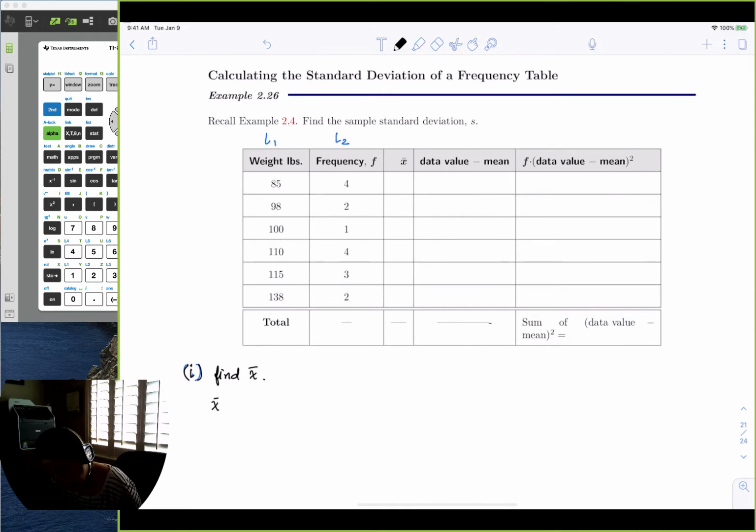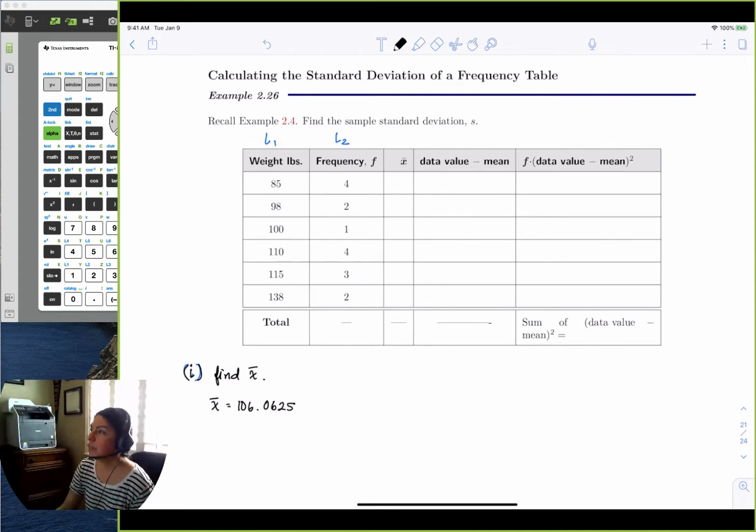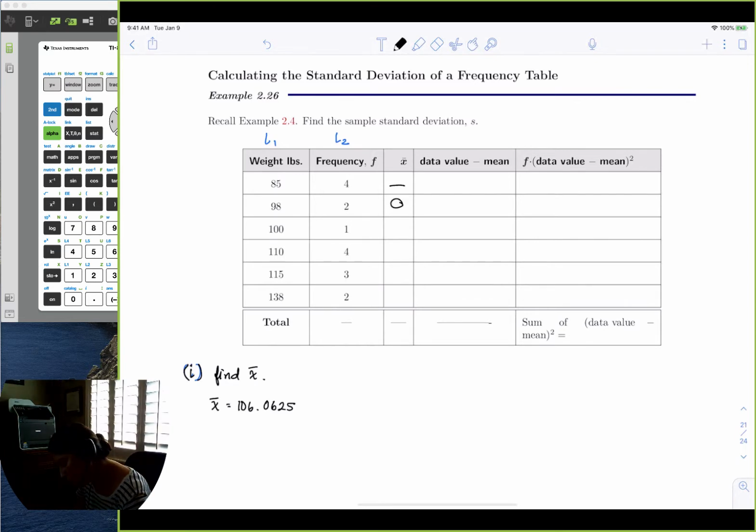And so the sample mean was 106.0625. And so let's go ahead and go to our list. And I can put right here 106.0625. Right, there we go.